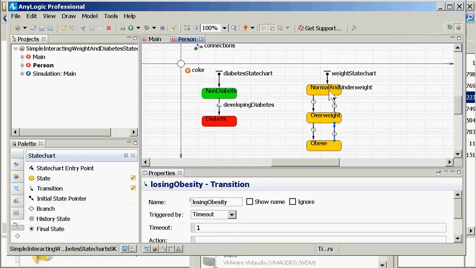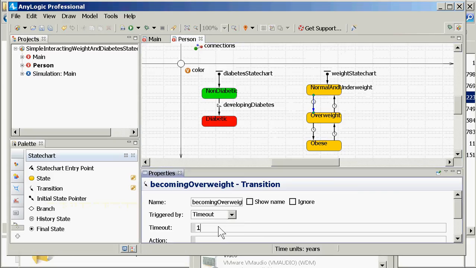Now, ladies and gentlemen, what I'd like you to do is set the properties of each of these transitions. For the first transition, becoming overweight, I'd like you to set a likelihood of 0.04 as a rate.